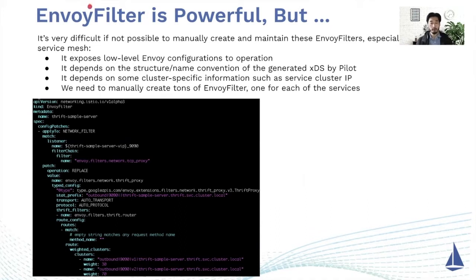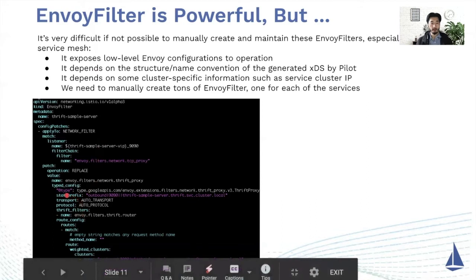You also have to know all the trivial details in the low-level Envoy configuration in the Swift proxy, like the type, the protocol, the route configuration, so you know how to write the patch part of the Envoy filter.